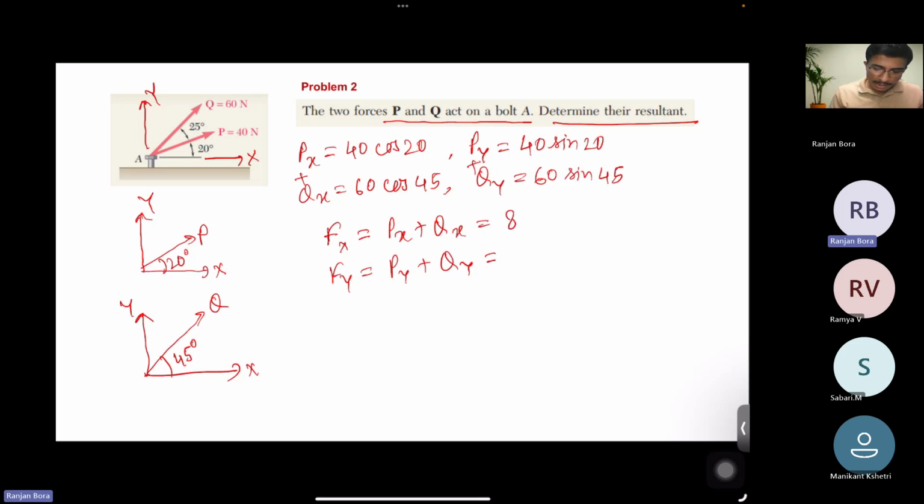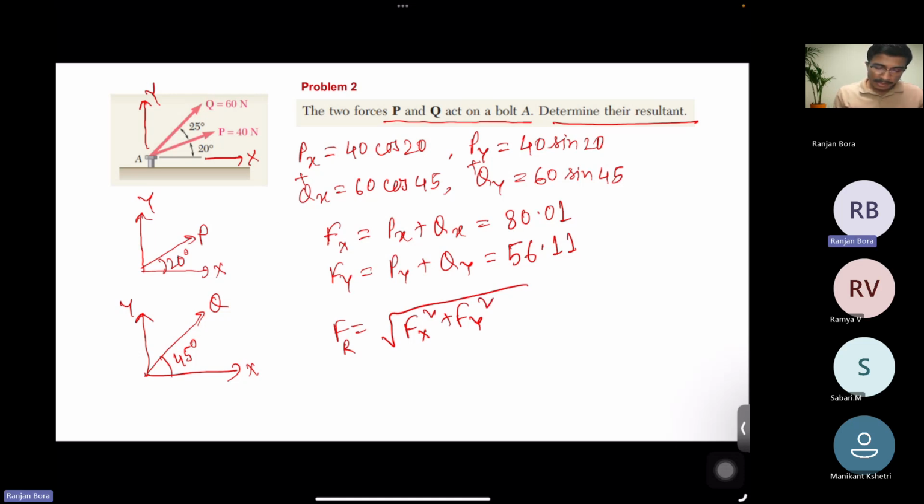So fx is 80.01 and fy is 56.11. So the resultant F will be the square root of fx square plus fy square.